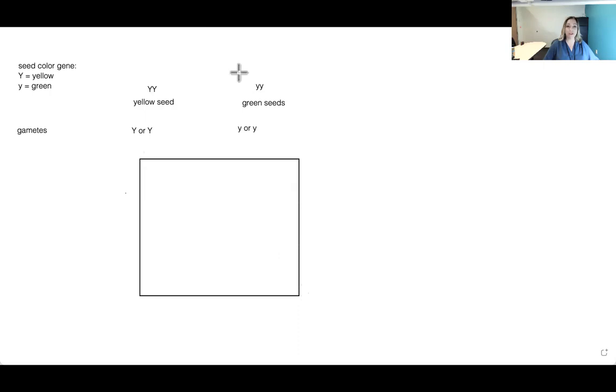Now, I want to emphasize here that we do Punnett squares to determine the probability of getting offspring with a certain genotype and phenotype. So I'm going to write that down for you. Let me just finish my Punnett square here.